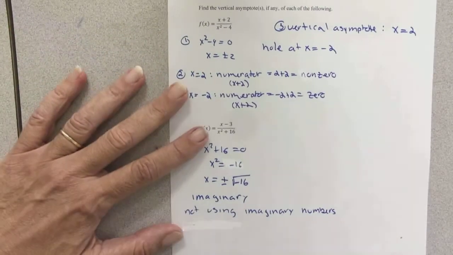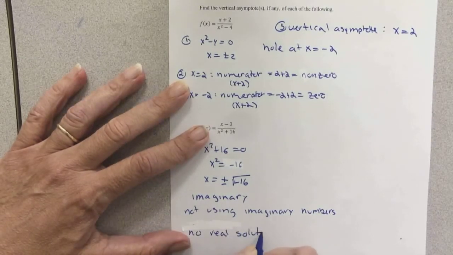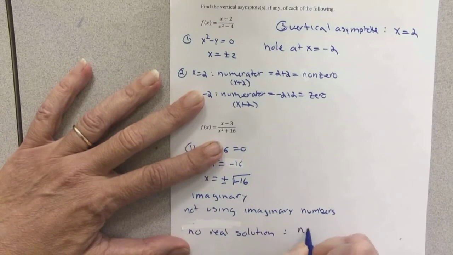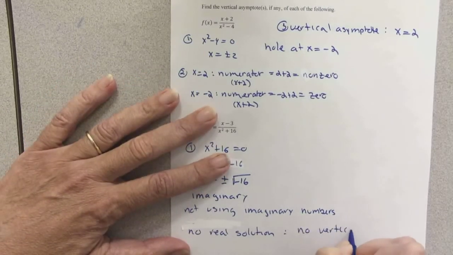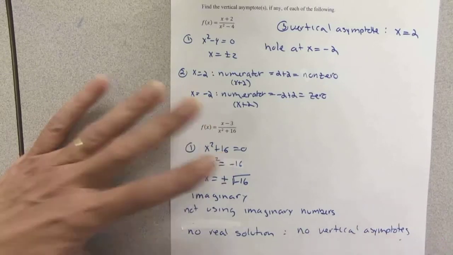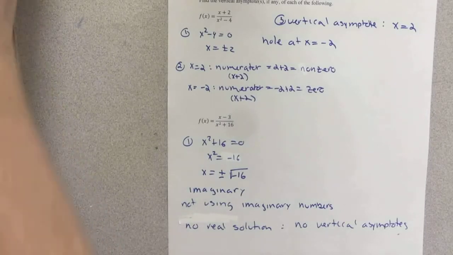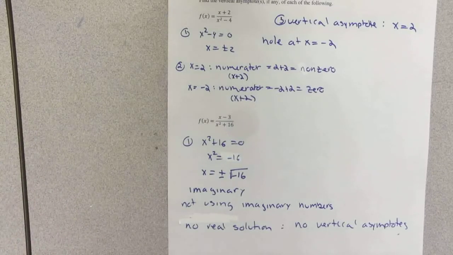And so we had no real solution. And so this guy has no vertical asymptotes. And so like I said, just because it is a fraction doesn't mean it has to have asymptotes. And then you could check that by looking at a graph on your calculator, and I will leave that up to you. So there's what we have for vertical asymptotes.